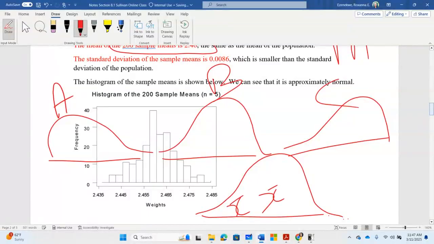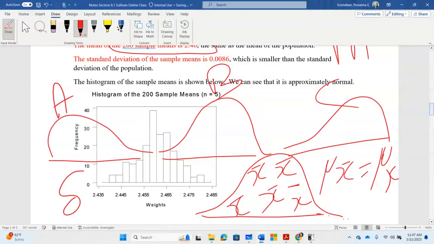I want you to see me draw X bars here. The distribution of means. This distribution is made of sample means. The mean of the distribution of means is called mu X bar. It has to be equal to the mean of the original data.